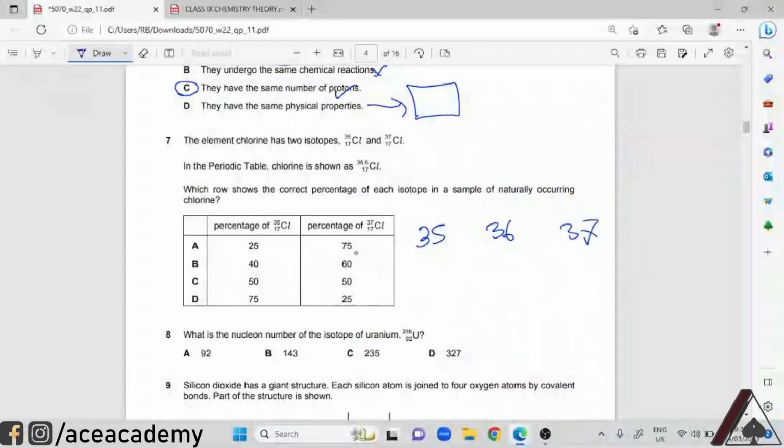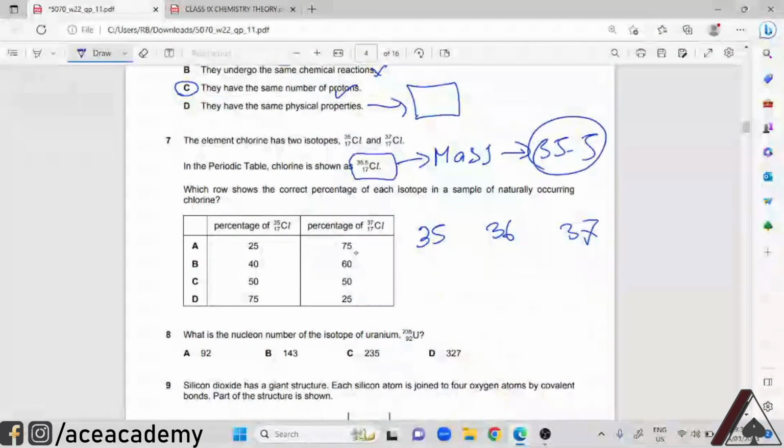And we know that in the periodic table, they give the mass number of chlorine as 35.5, which we can see is much closer to 35 than 37.